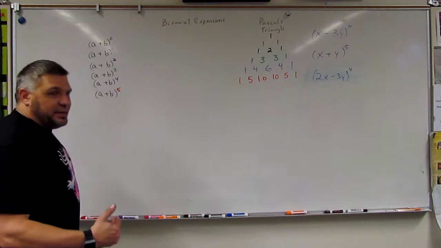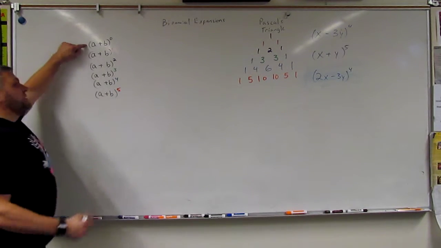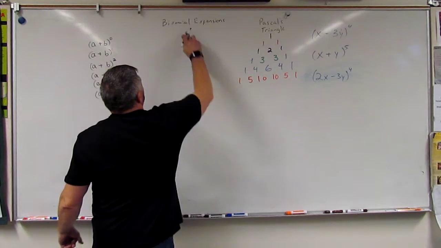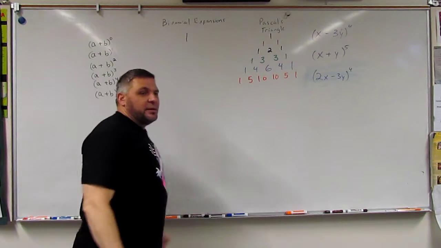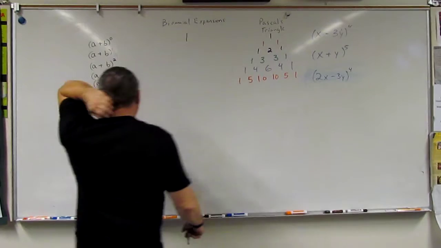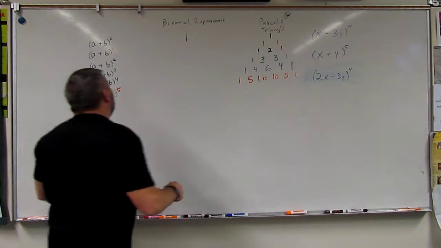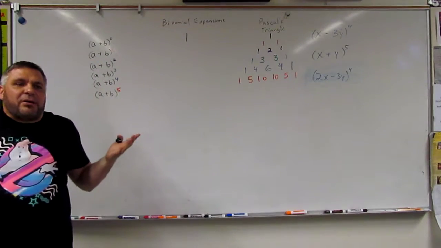And the pattern is, think of this. What's anything to the 0 power? 0. No. Come on. 1. Anything to the 0 power is 1. Alright. Then we're going to have anything to the first power?